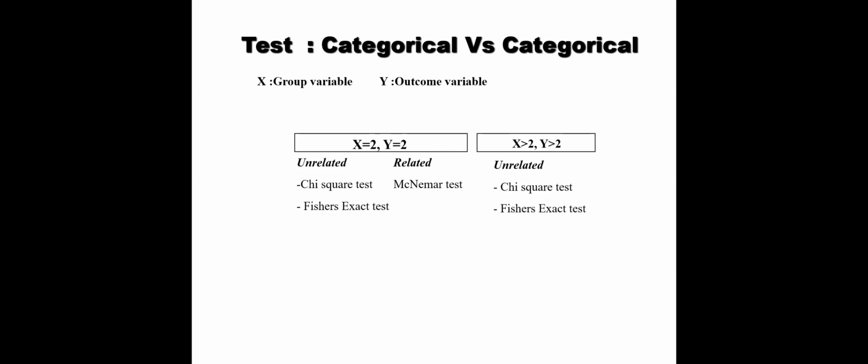Then the test for categorical versus categorical remains the same, but it always changes for categorical versus quantitative data.